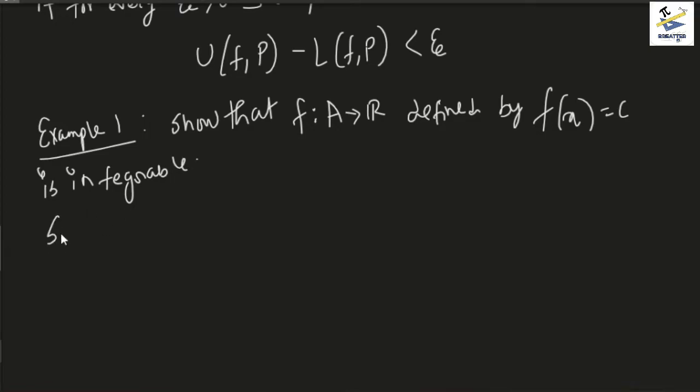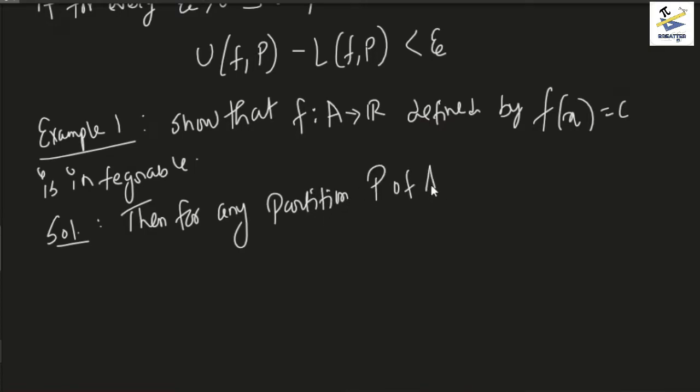Then for any partition P of A, in any subrectangle S we will have the infimum and the supremum both equal to c, because f(x) is just the constant function, right? So the value of f is always c. So what are the lower and upper sums?